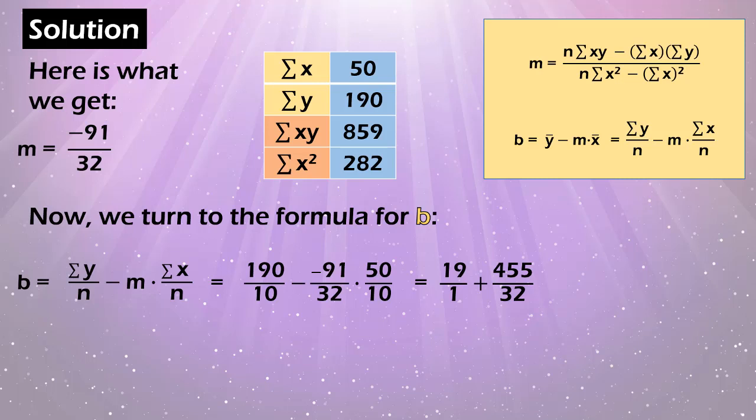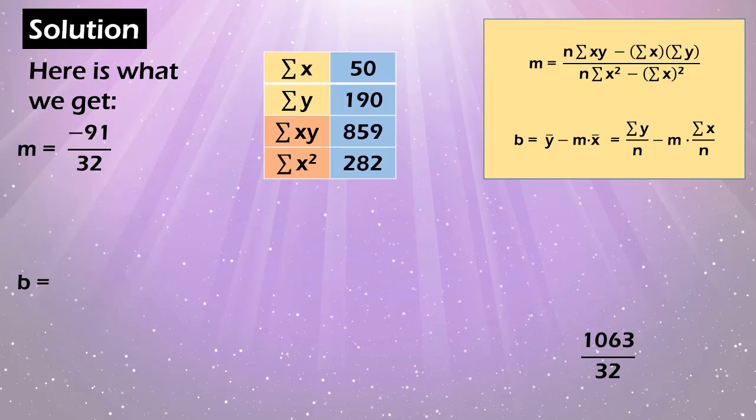The reason that it's 5 is 50 divided by 10 is 5. And then we have 32 in the denominator. To add two fractions, we need a common denominator, which is going to be 32. So we multiply 19 by 32, and we get 608/32 plus 455/32. And when we add those together, we get 1063/32. That's our value of b.